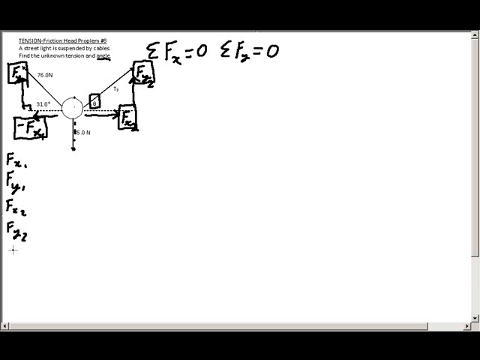And I'm going to solve for the theta value here. And just for kicks, I left it off, there is this tension here. I'm going to solve for T2.